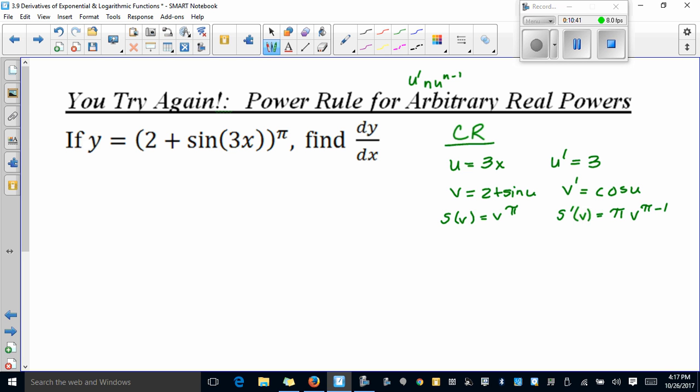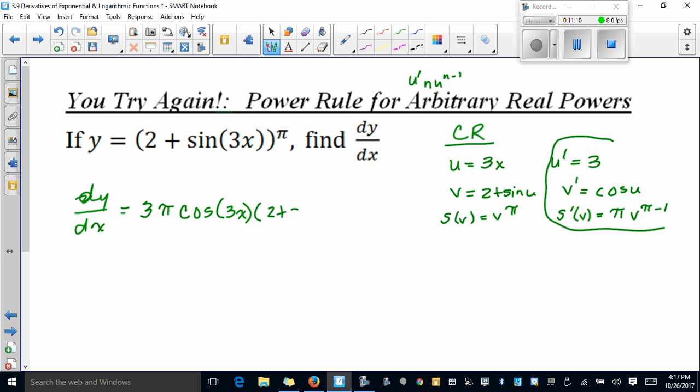So let's say dy dx is equal to, get my constants together, so 3 pi cosine of 3x times v, which is everything inside, 2 plus sine of 3x to the pi minus 1 power.